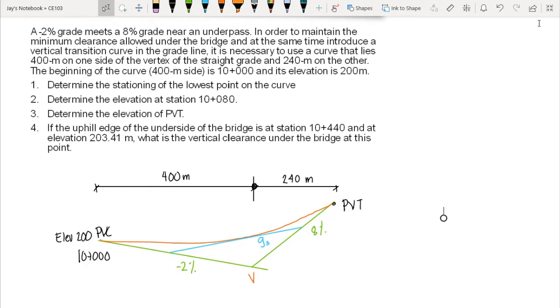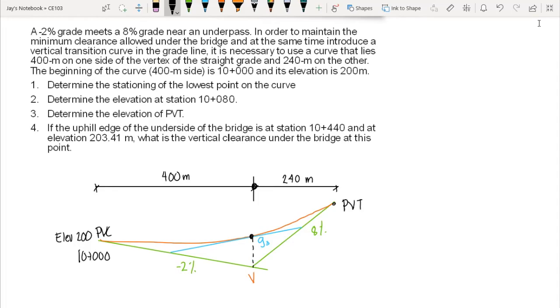We are asked to determine the stationing of the lowest point on the curve. Now take note, our G3 here is intersecting at this point, which is also the horizontal location of our vertex. So we can compute G3 by using a grade diagram.